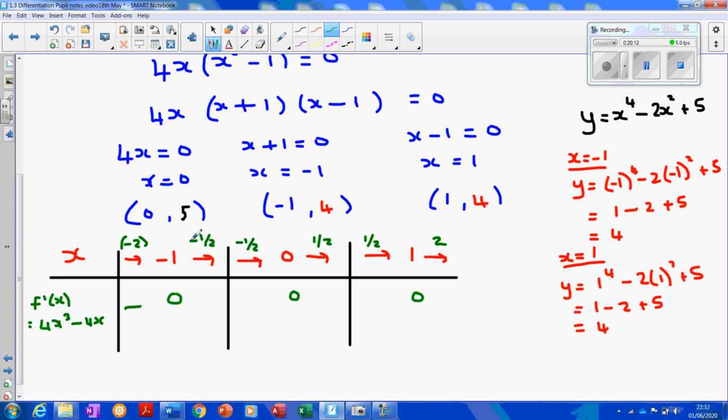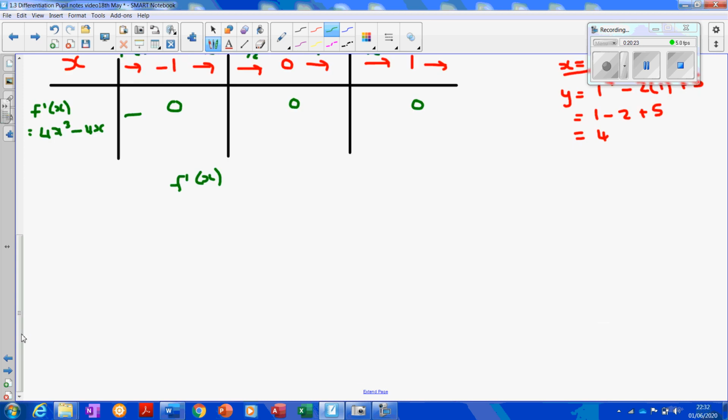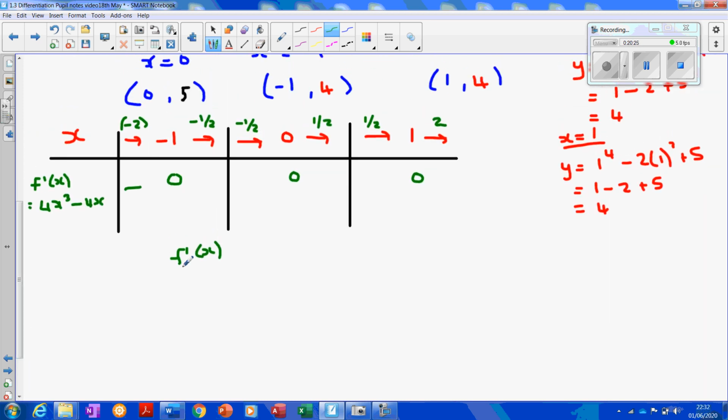Right, so when x is minus a half for this one, I'm going to write this one out. So we've got f dash x, and I want to work out when x is minus a half. So we've got 4 times minus a half, all to the power of 3, minus 4 times minus a half.